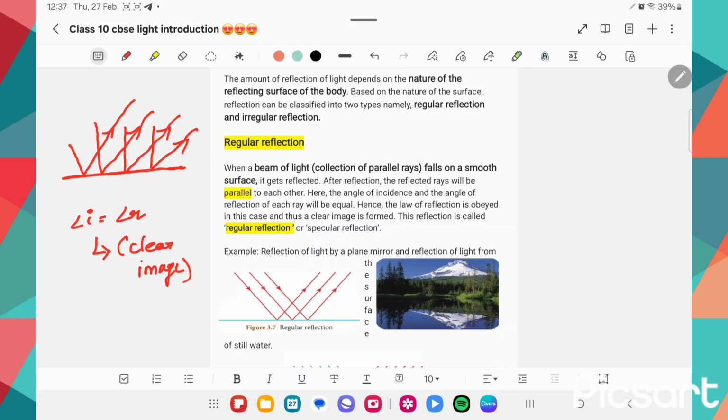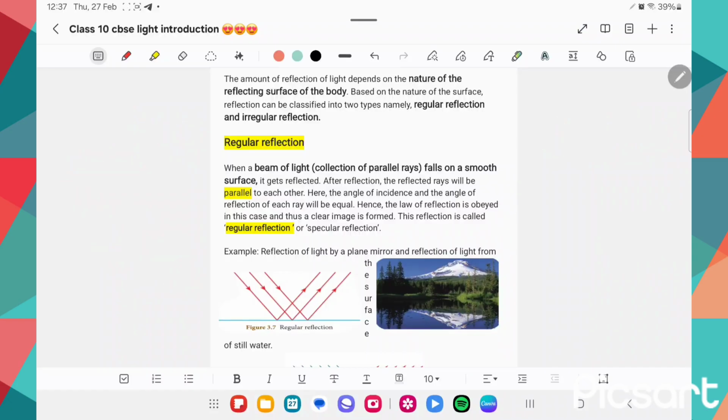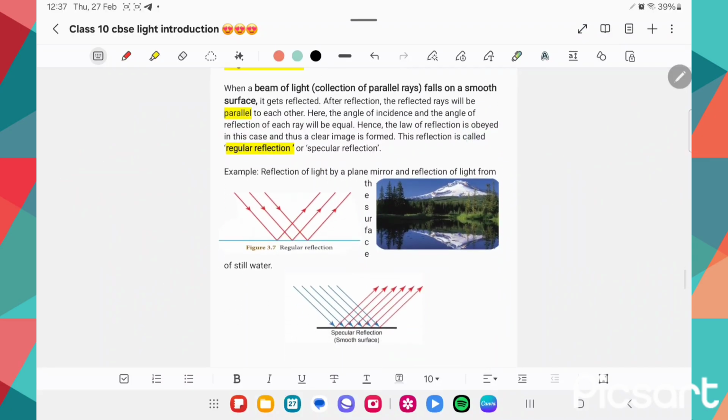So that's why when the collection of light falls parallelly on the surface of a polished surface, then we will get a clear image. Can you see all these clear images? The reflection of light by a plane mirror, reflection of light from the surface.